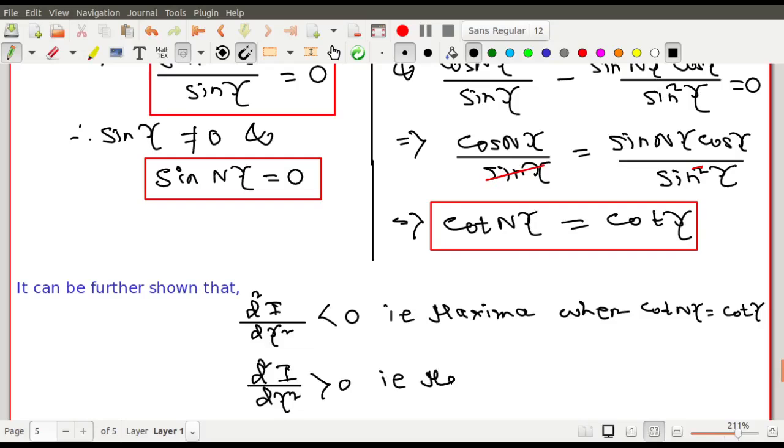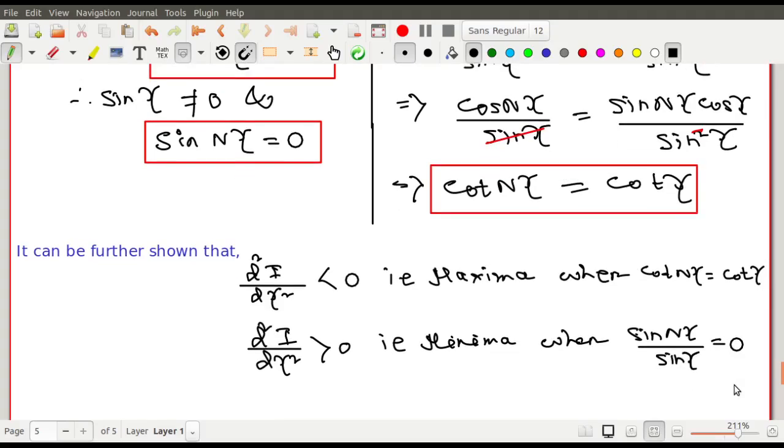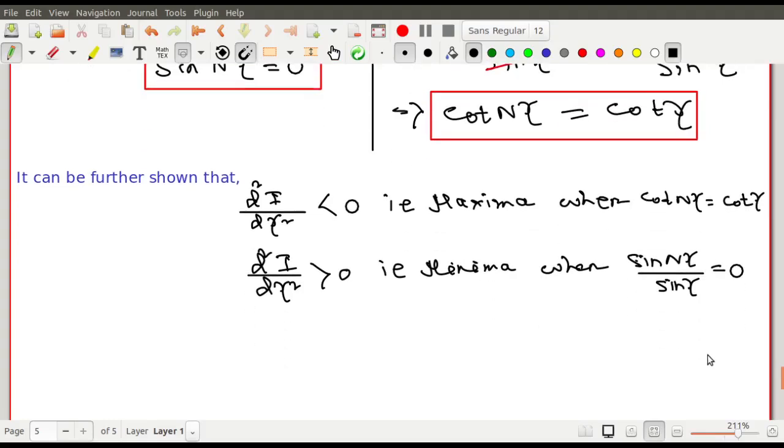Greater than 0 means it corresponds to a minima, that is minima when the other condition is present, when sin n gamma by sin gamma comes out to be 0. যখন এই কন্ডিশনটা হয় তখন either you may write sin n gamma by sin gamma or you may simply write sin n gamma, ঠিক আছে, is it clear to you? So that is the things that you get.